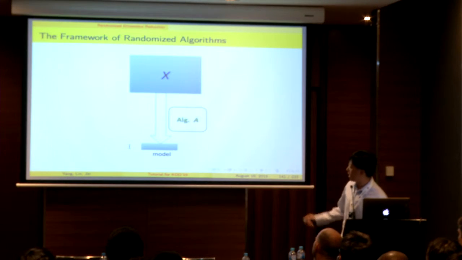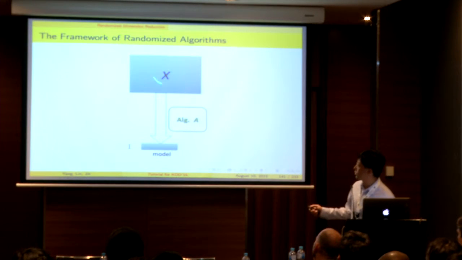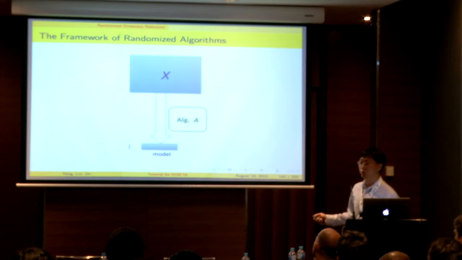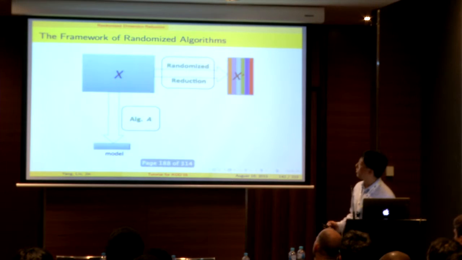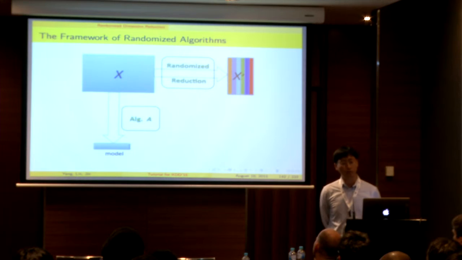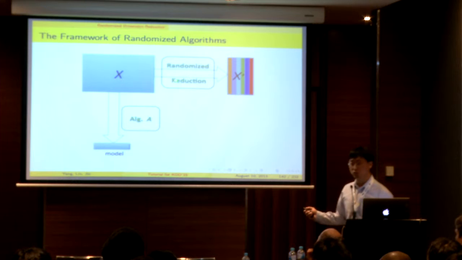Actually, this is the traditional algorithm. In traditional algorithms, you are given the input data X, you design an algorithm, and it outputs a model, right? But here, we want to solve the problem very efficiently. So using the randomized algorithm, the first step is to reduce the size of the data matrix. We will talk about the randomized reduction approach to reduce the size of the data matrix.